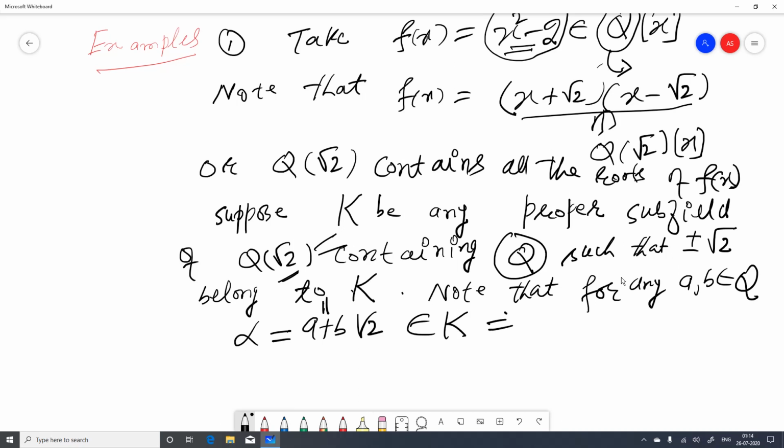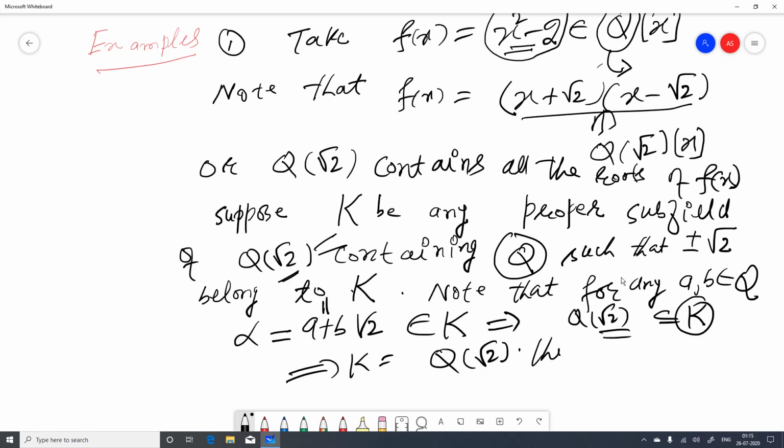So this means that Q root 2 is contained in K. But K is already chosen as a proper subfield of Q root 2. So this means K is the same as Q root 2.